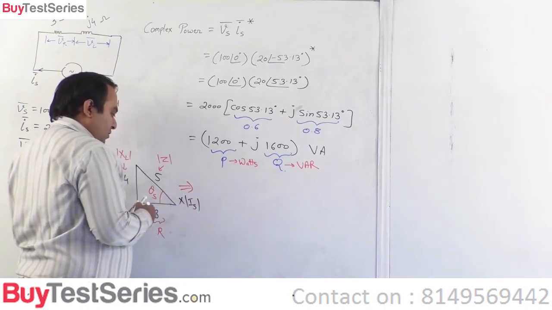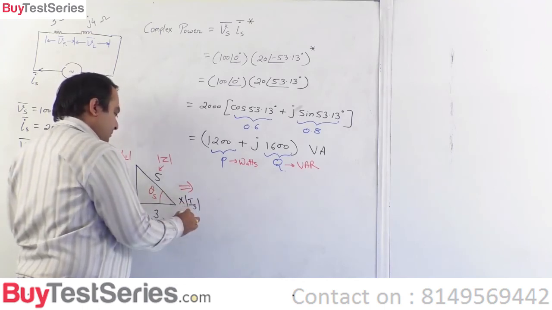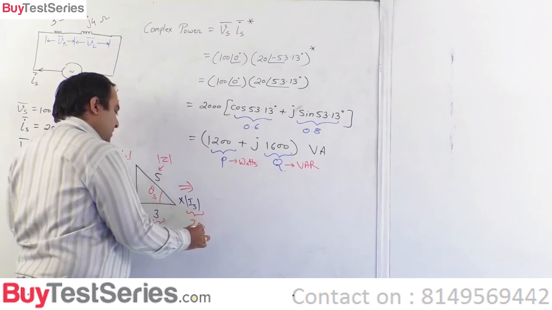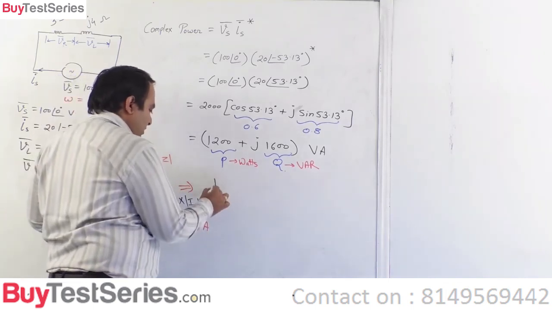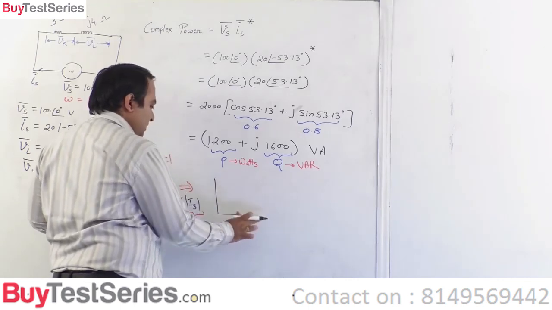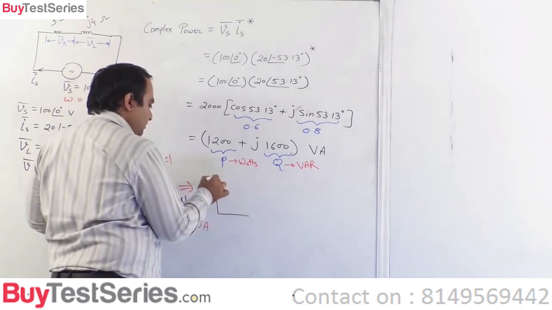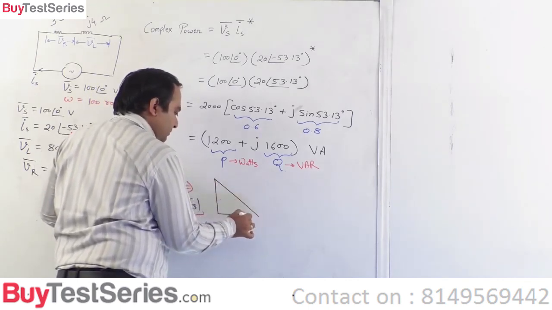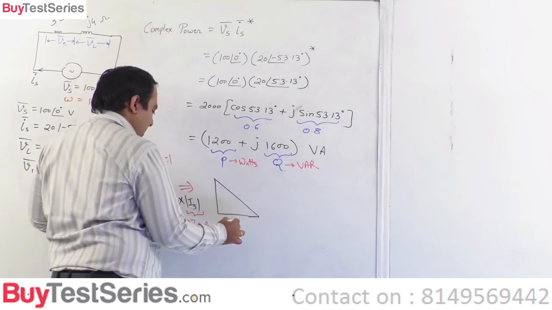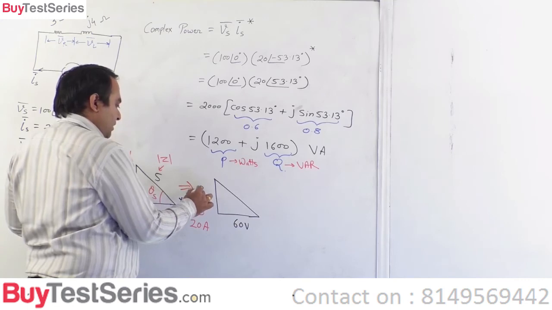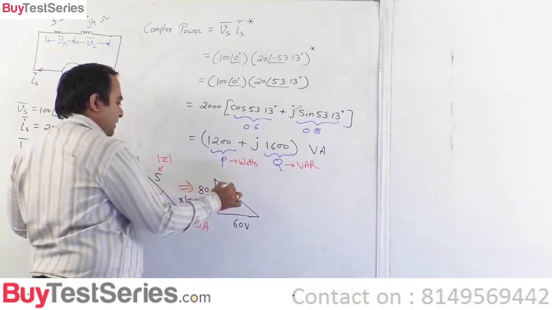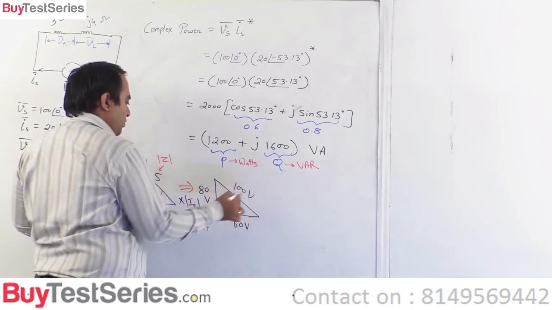IS magnitude is 20 amperes. So it again becomes a triangle like this, and so this has to be 60 volts, this has to be 80 volts, and this has to be 100 volts.